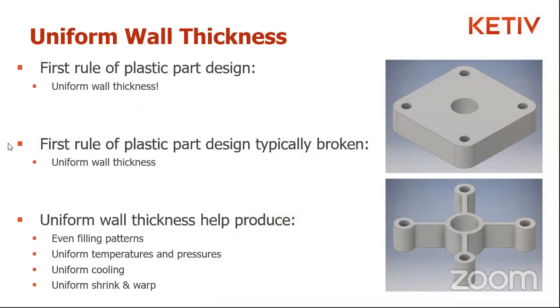One of the most basic things they talk about in the book is uniform wall thickness, right? The first rule of plastic part design is that you would like to have uniform wall thickness. That also happens to be the first rule that's usually broken. So this is the thickness value across the majority of the part. Of course, it's not as if you're not allowed to have any areas that are different.